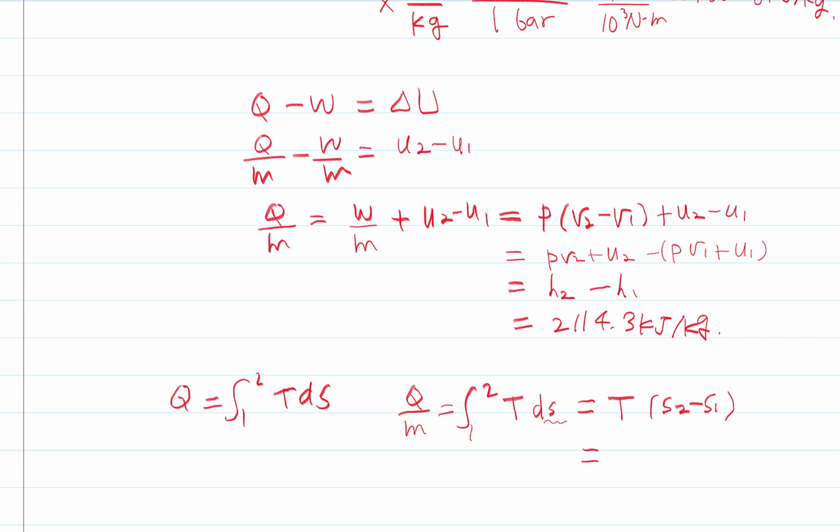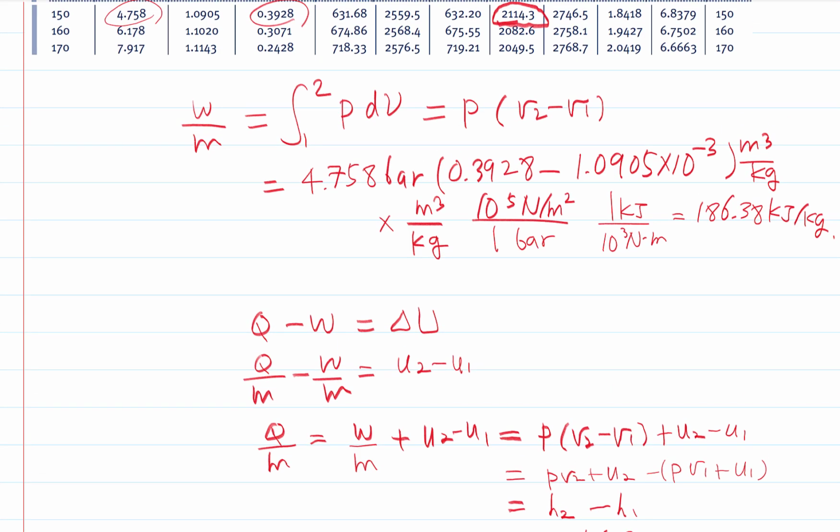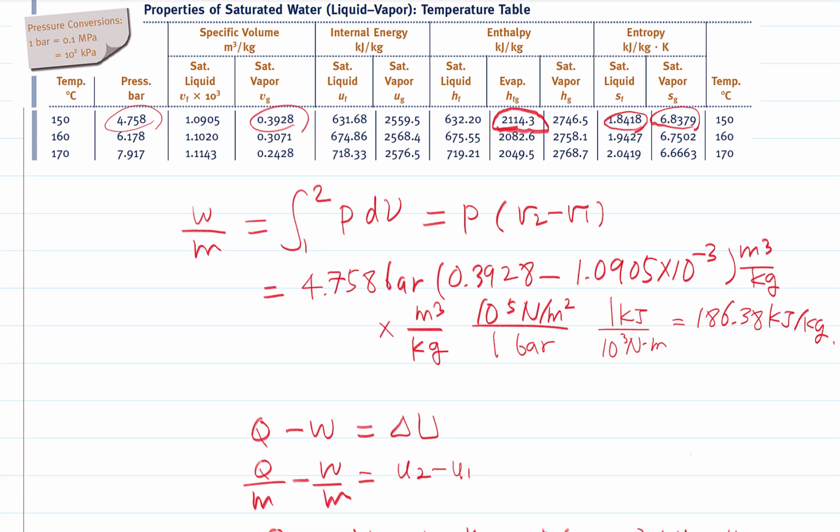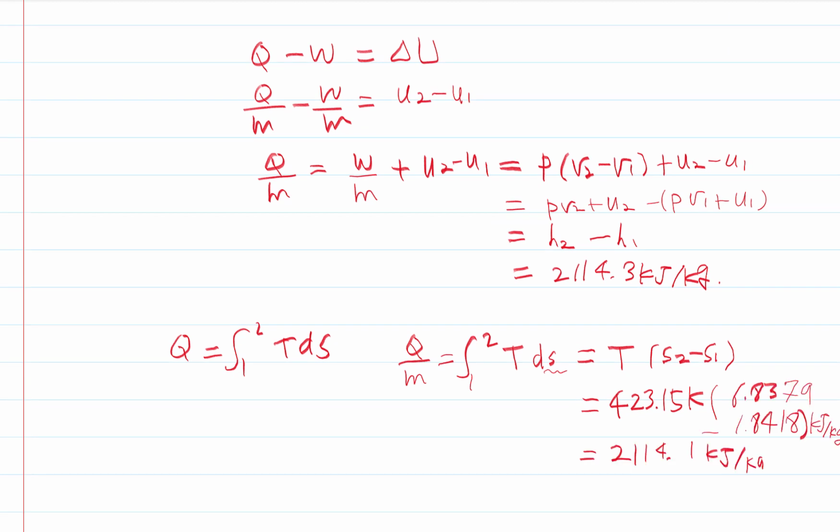So temperature is 150 degrees Celsius or 423.15 Kelvin. Entropy change: entropy for saturated vapor minus entropy for saturated liquid at 150 degrees Celsius. So heat transfer to the closed system can also be found based on the entropy change.